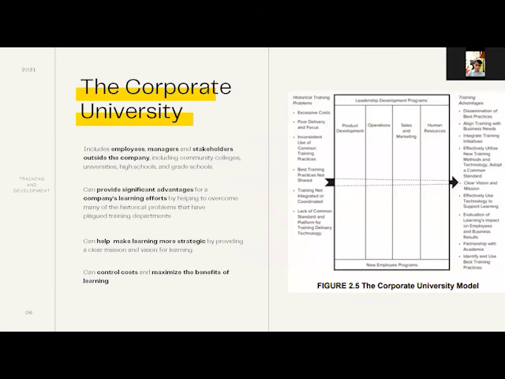Next, here we can see the corporate university. This is a trend in the industry, in the work field, because many corporations use this model. It includes employees, managers, and stakeholders outside the company, including community colleges, universities, high schools, and grade schools. This provides significant advantages for a company's learning efforts, because it helps to overcome many of the historical problems that have clogged their training departments.